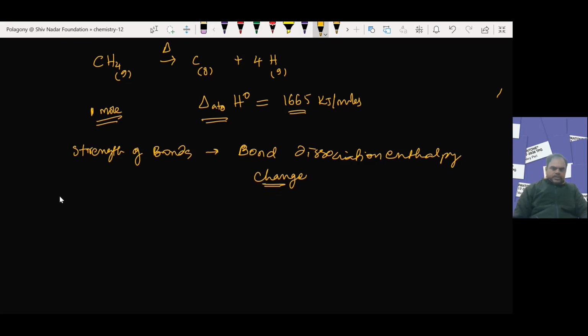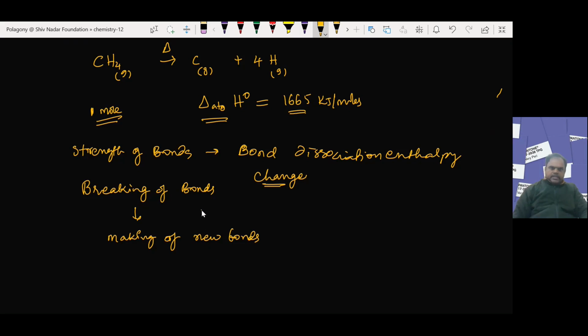As you know, during chemical reactions, energy is either absorbed or released. That energy absorption and release is due to the breaking of bonds, and later the making of new bonds takes place.